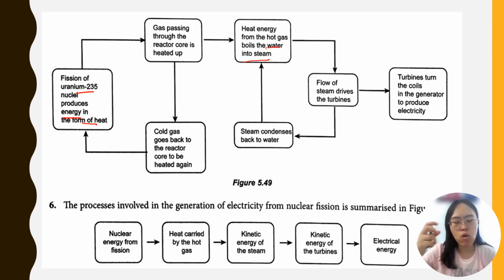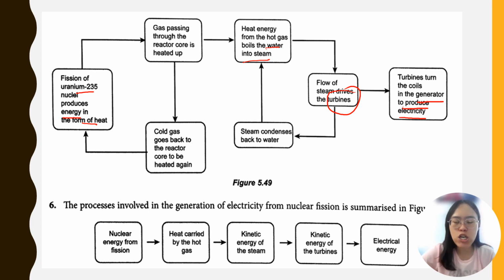And as we know that steam has a higher kinetic energy, and this kinetic energy will flow into the turbine, okay, to drive the turbine to turn. And 这个 turbine 呢就会 drive the generator to produce electricity for the household users.